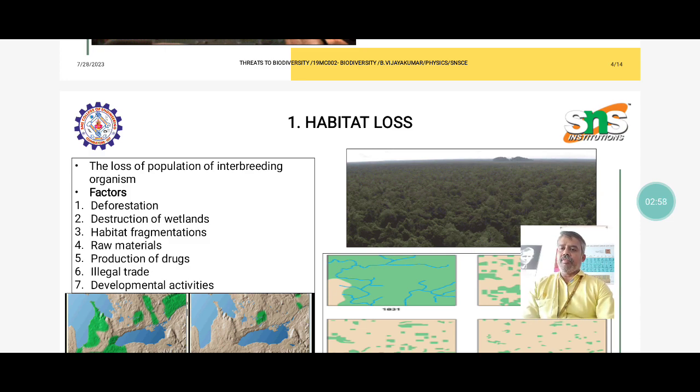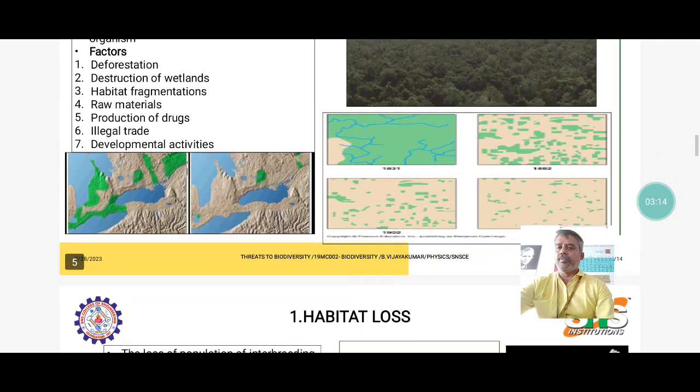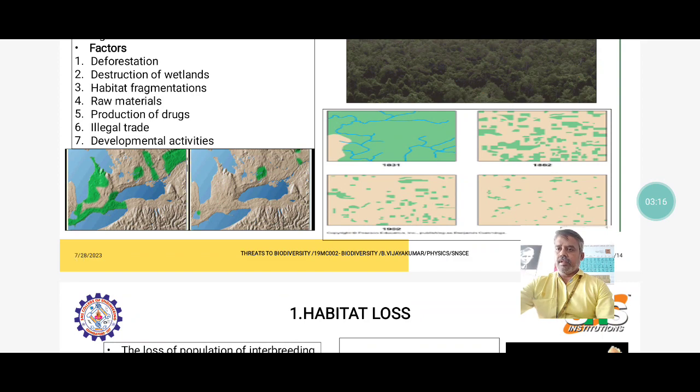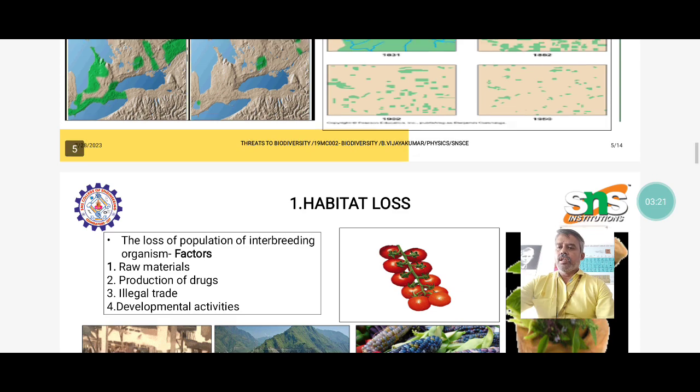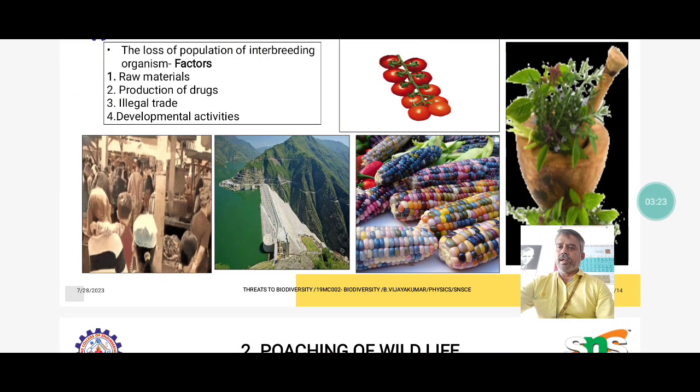All of these affect nature. These seven factors are very important causes of change in biodiversity in the category of habitat loss. The loss of population of interbreeding organisms is based on the following factors.